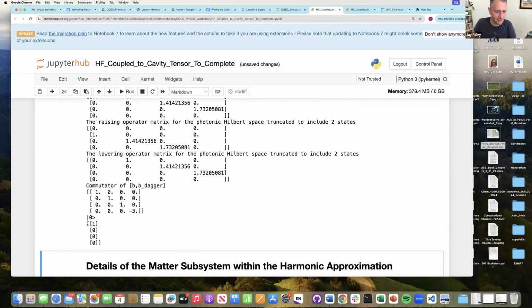Okay, so this is a representation of the zero ket in this basis of 4 cavity states.